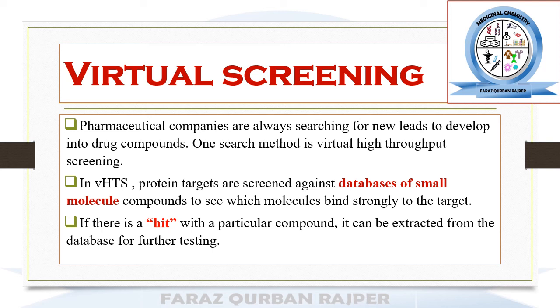Basically, the screening is done on the basis of their chemical structure, different functional groups present in their chemical structure, and their compatibility with the particular drug target, like receptor, protein, enzyme, and other drug targets.